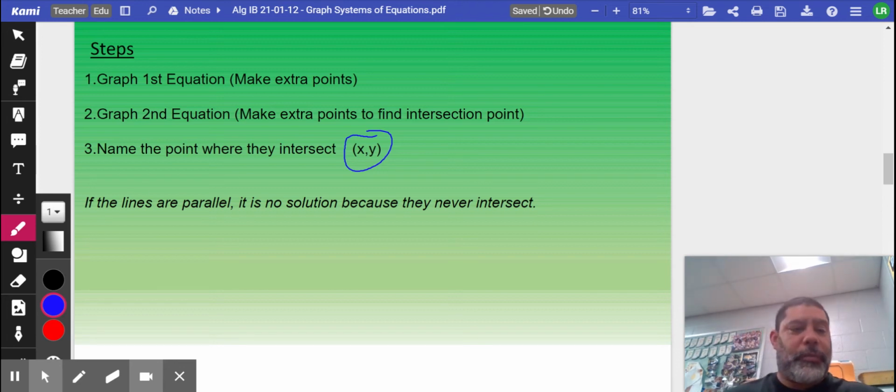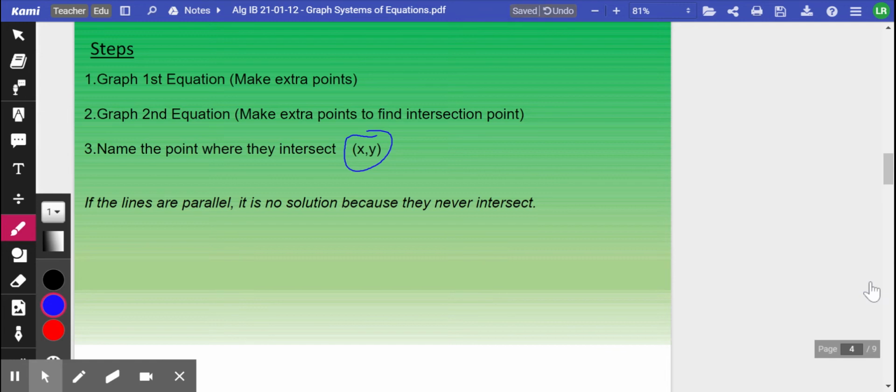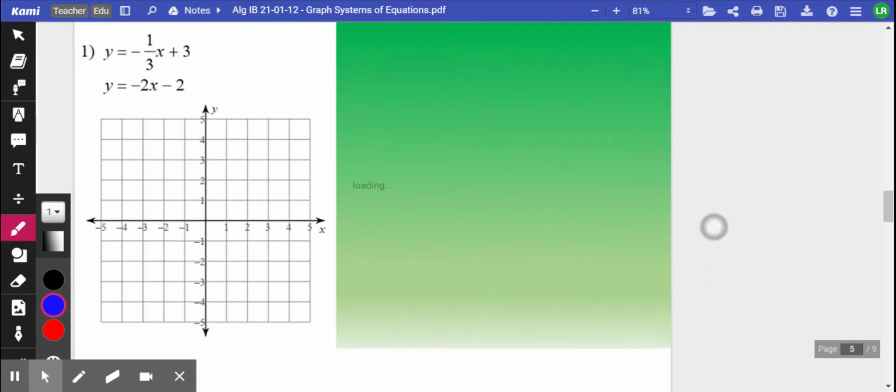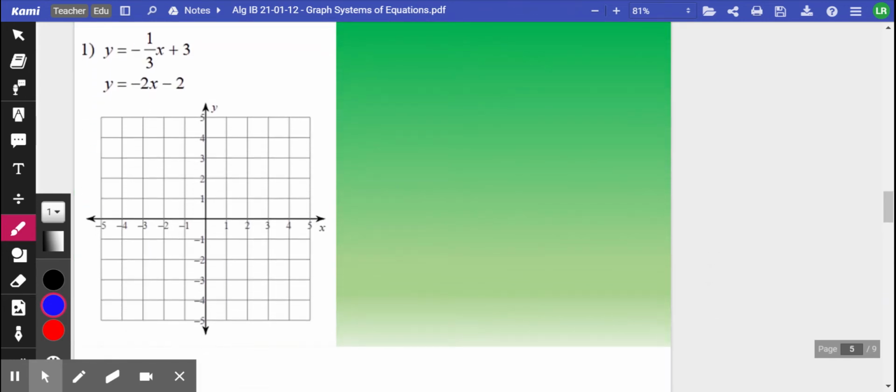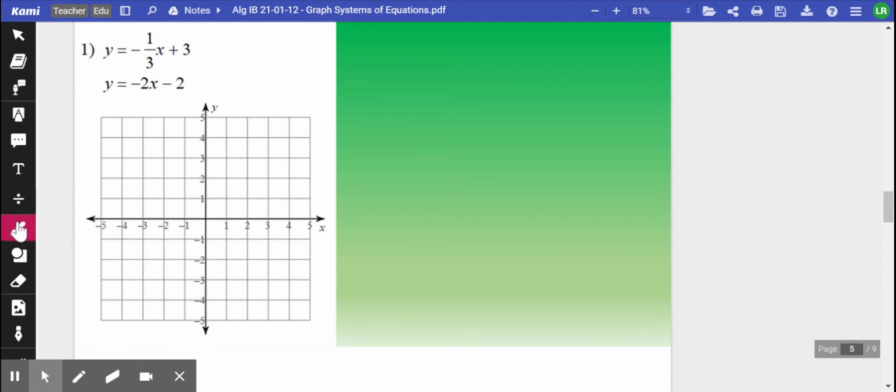So let's look at our 4 examples. So here's our first example. Again, you're going to take them one at a time. I'm making sure that these are already in slope intercept form for you. So I'm taking this one and I'm going to graph it. I'm going to put that one in red.